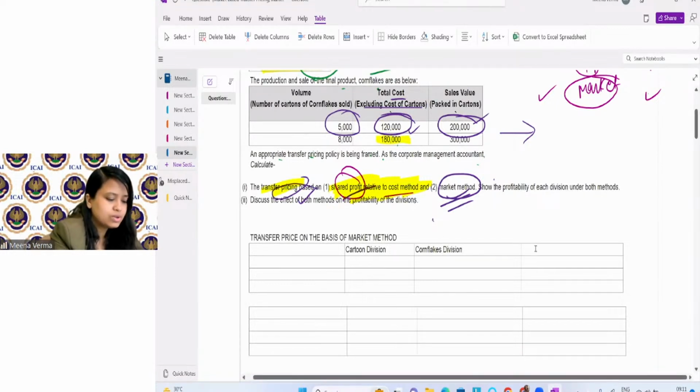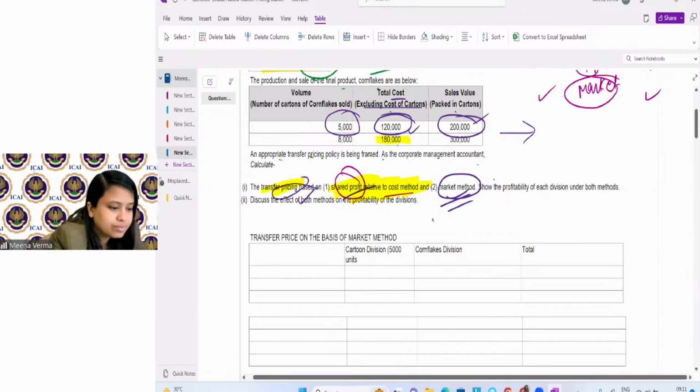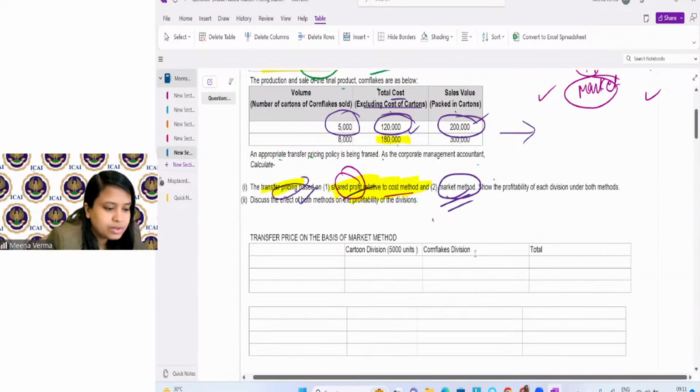This is the total of the organization. Here we are considering 5,000 units, and here also 5,000 units, and these are the total units, for which we find total profitability.